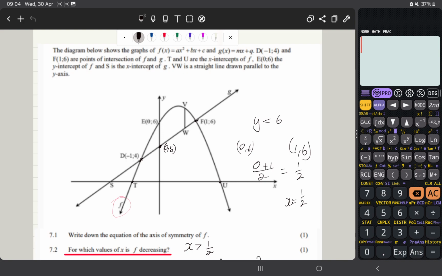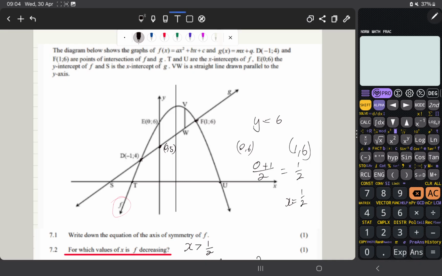Another way is, if you have the two x-intercepts and an extra point, then it's easy to get the equation of the parabola. So you could think I have t and I have u, but we do not know the values of those. What we can do is, let me just do this. I would say I have a straight line here.